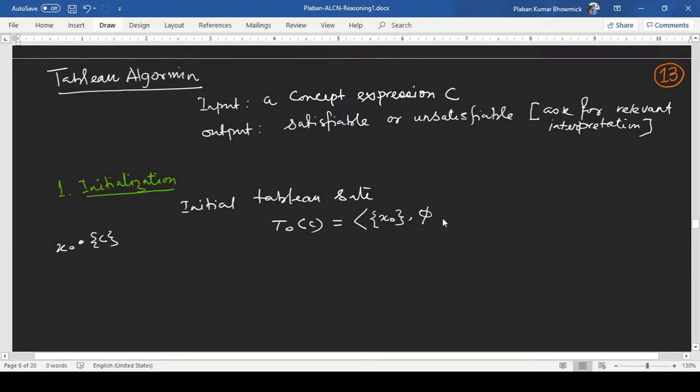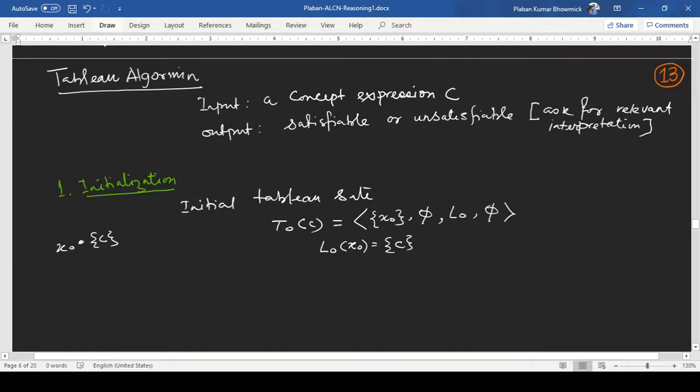We don't have any edges, right? You have a mapping function L0. We'll define this later, and the set of inequalities to be again empty. What would be your L0? How do you define it? Because we have got only one node x0, it will be C, right?